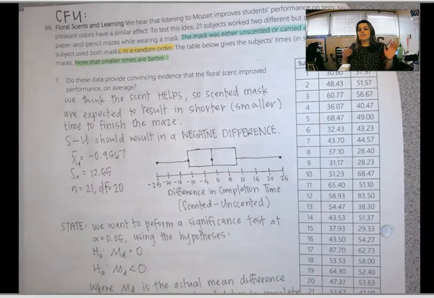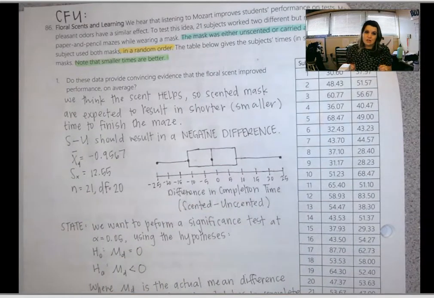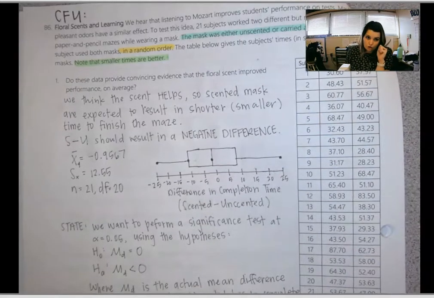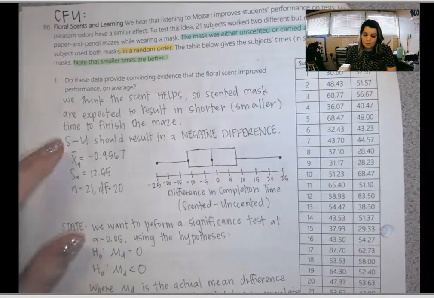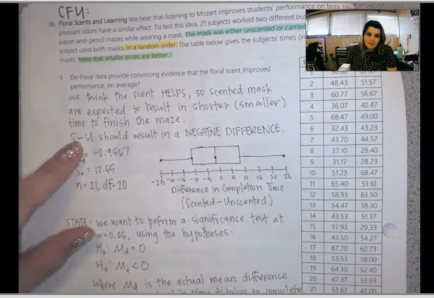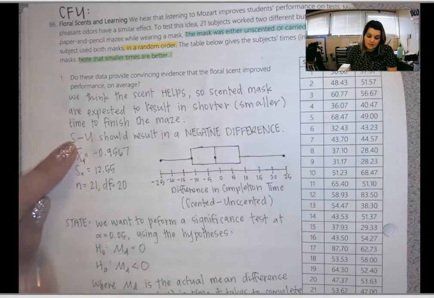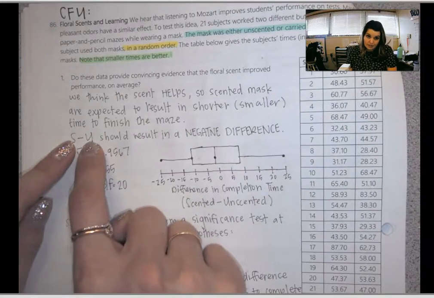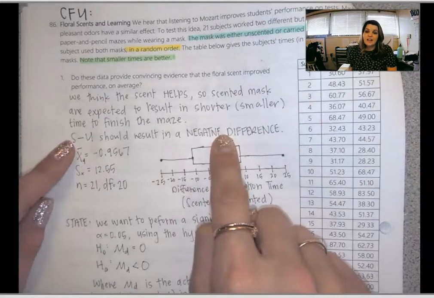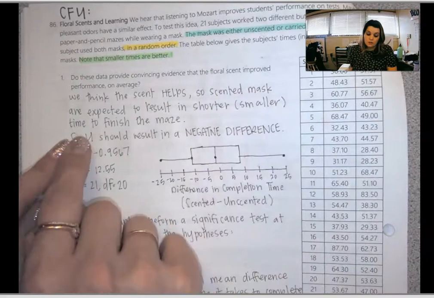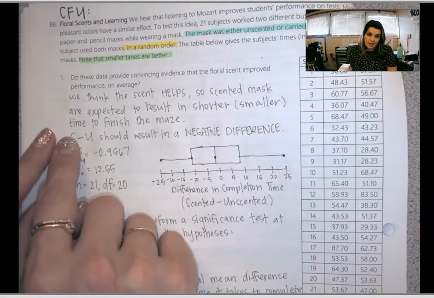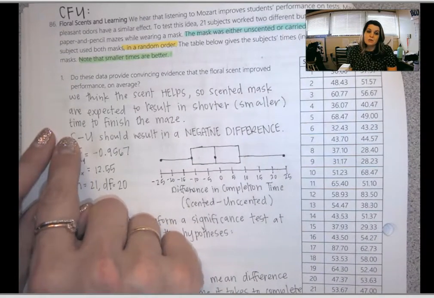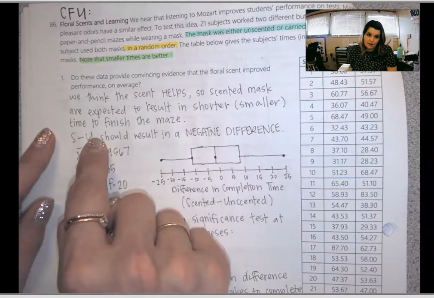Which means that if I take my scented mask time and subtract my unscented time, we'll get a negative difference, because we think that these values of S are going to be smaller than these values of U.